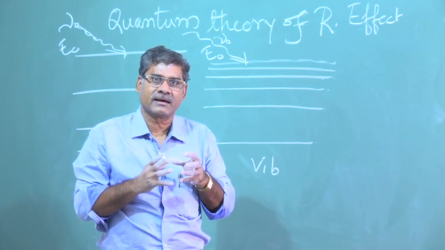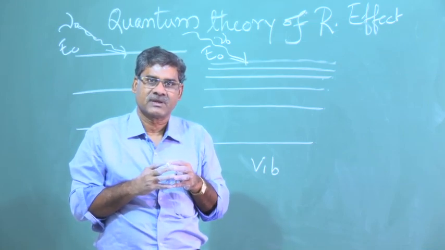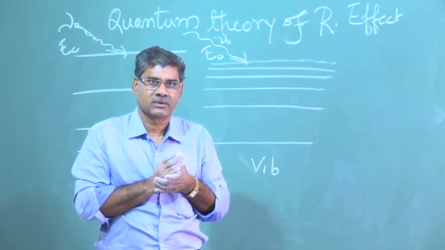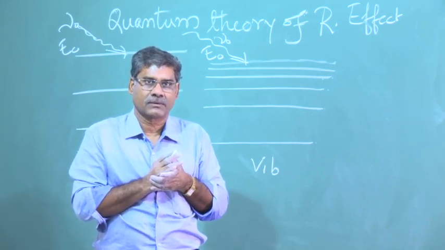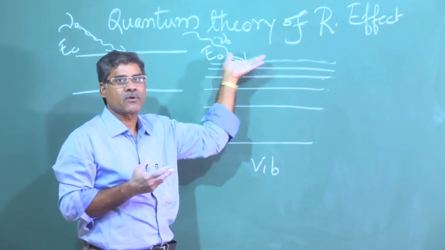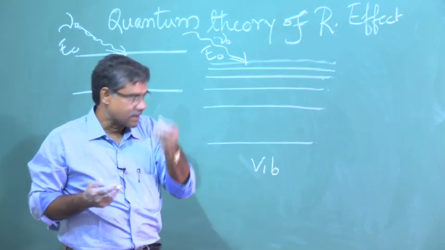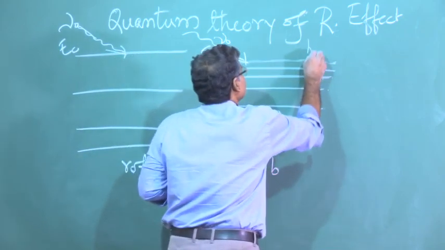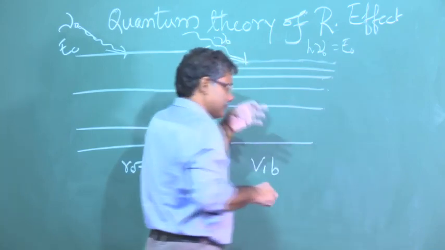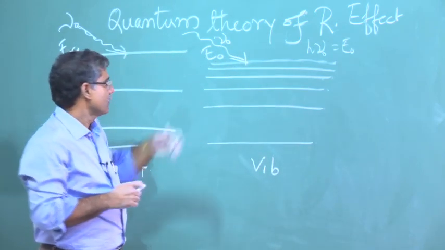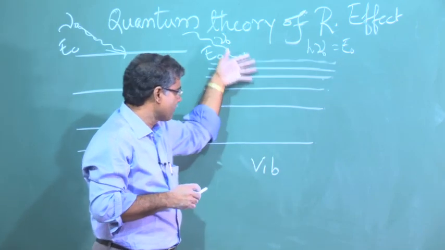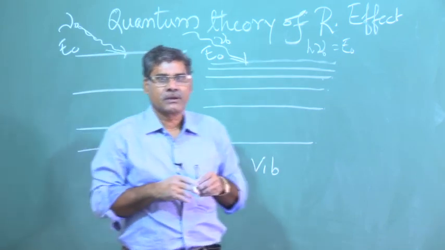Radiation is basically a beam of photons. So, the particle nature of the radiation, photons are falling on it. The energy of each photon is h nu 0, that is say E 0.